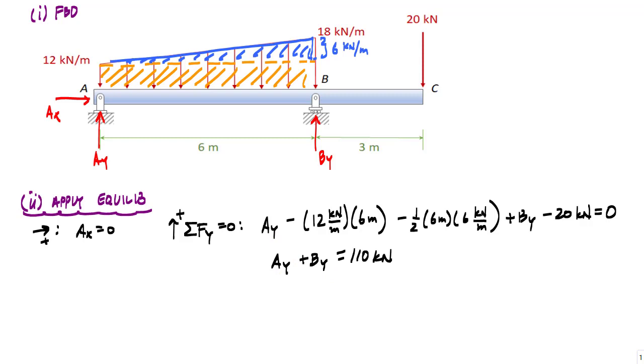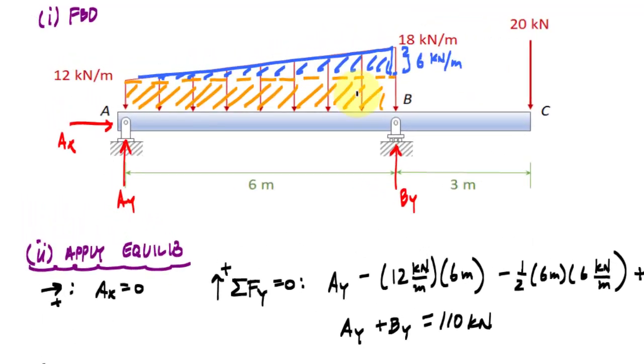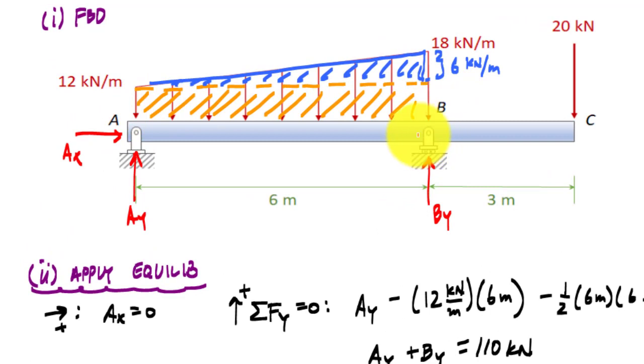And then I got to take the sum of the moments about a point. I'll take moments about point A. Because I broke up the loading, the resultant of the orange, rectangular portion of the distributed load is right in the middle right here. That has a resultant of 12 times 6, which is 72 kilonewtons, and it's right in the middle, so from point A, it is 3 meters away.